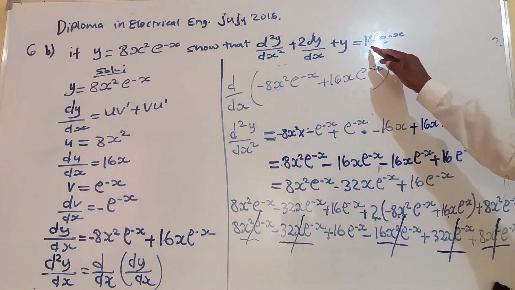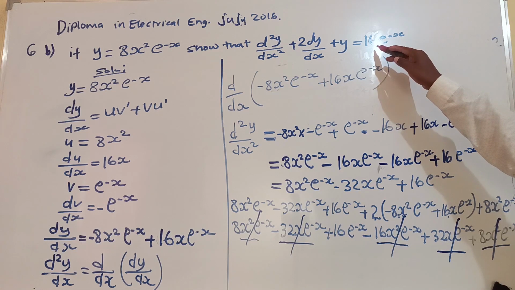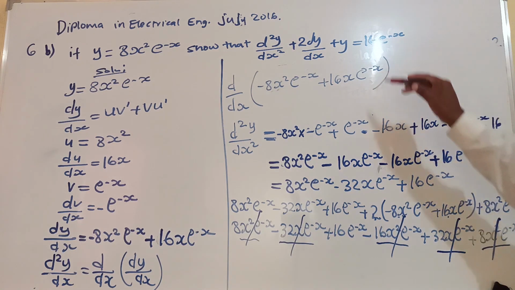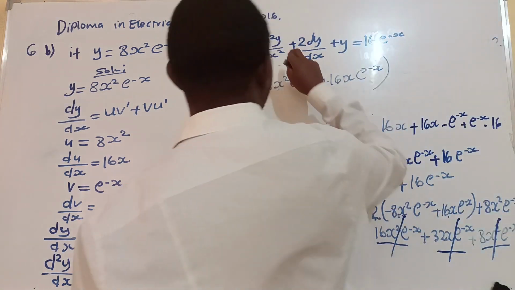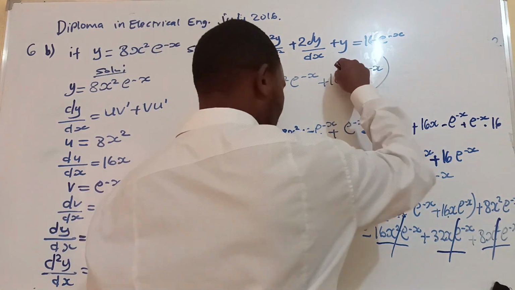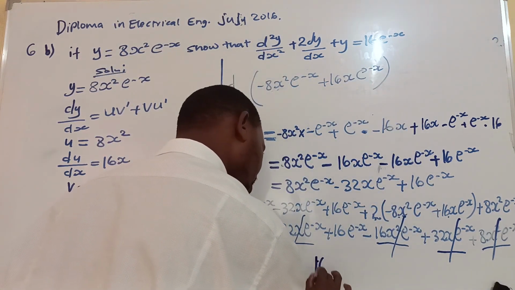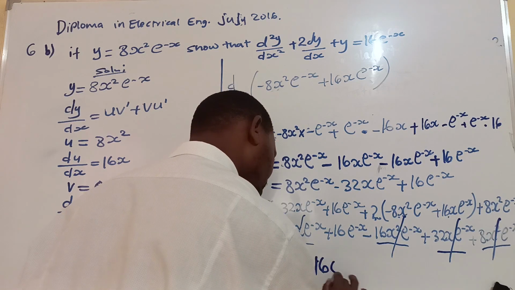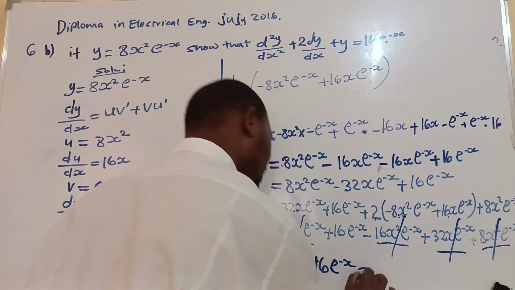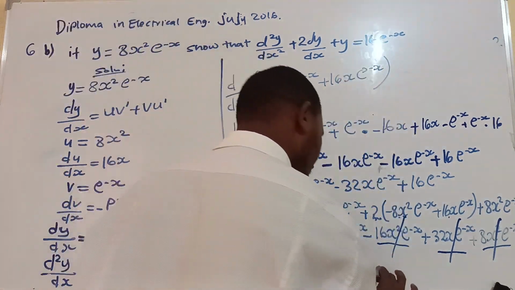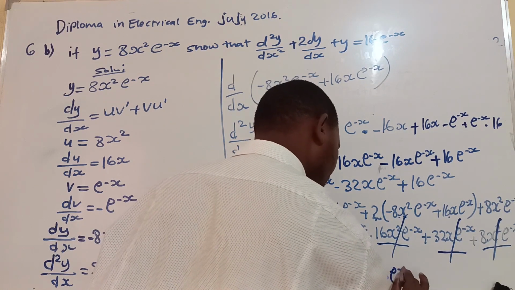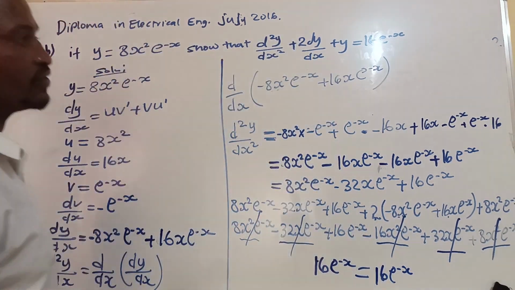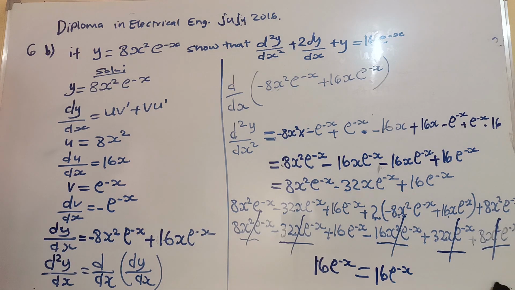And you are told that the equation should balance with this 16 exponential negative x. So you have proved this: the whole of this has reduced to 16 exponential negative x, which equates with the other side, 16 exponential negative x. So we have proved that that is true.